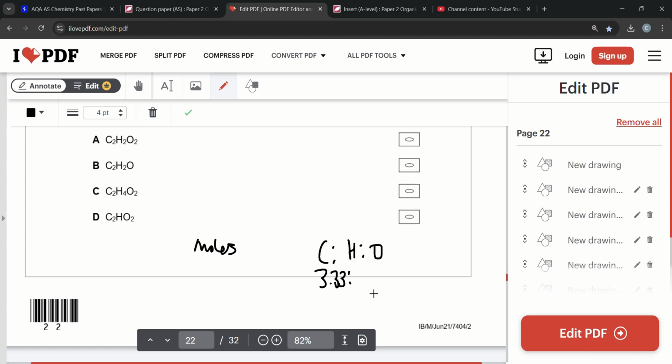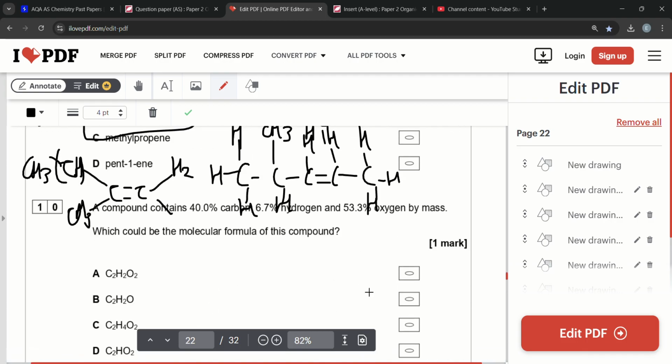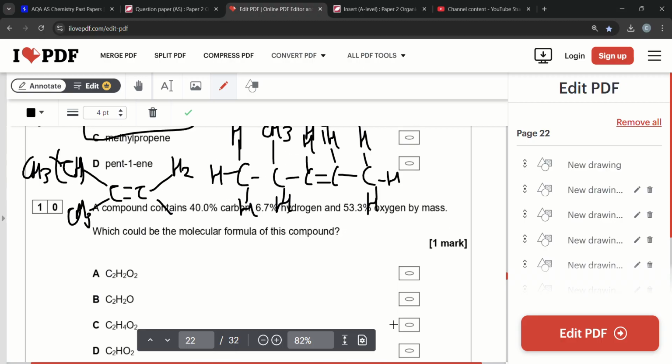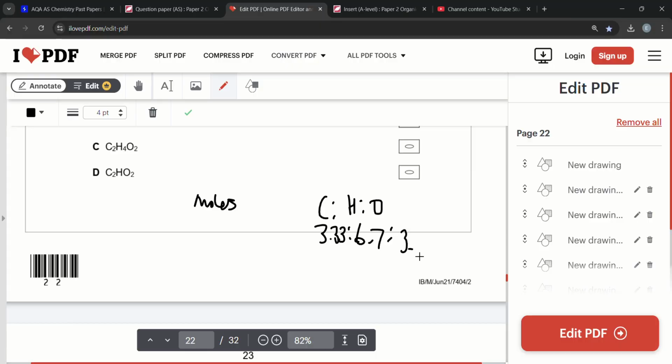Hydrogen is 6.7 divided by 1, 6.7. Oxygen, 53.3 divided by 16, 3.33125. So we're going to divide by the smallest.